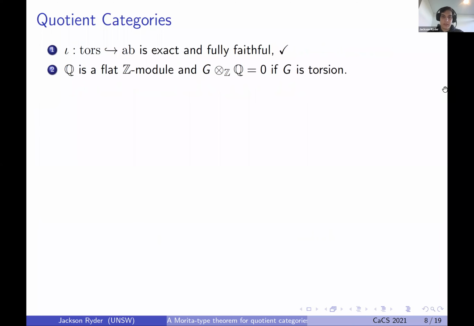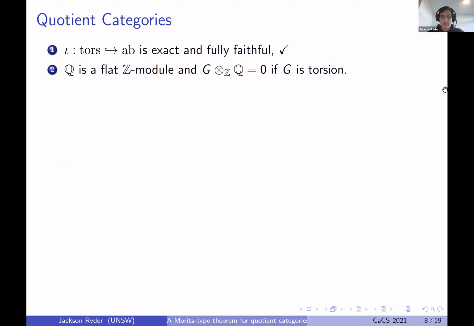So now let's go on to the second. We know that Q is flat, so this tensor functor is exact, and that it sends every torsion abelian group to zero. So we just define our analog of rational vector spaces, what our quotient category by this subcategory will be.